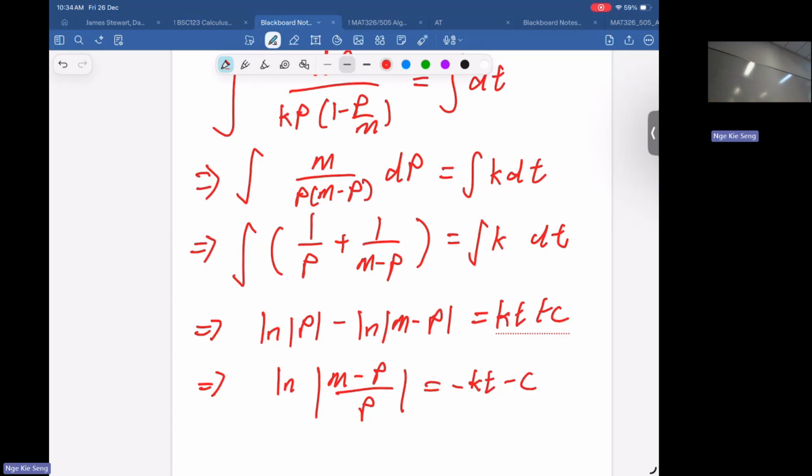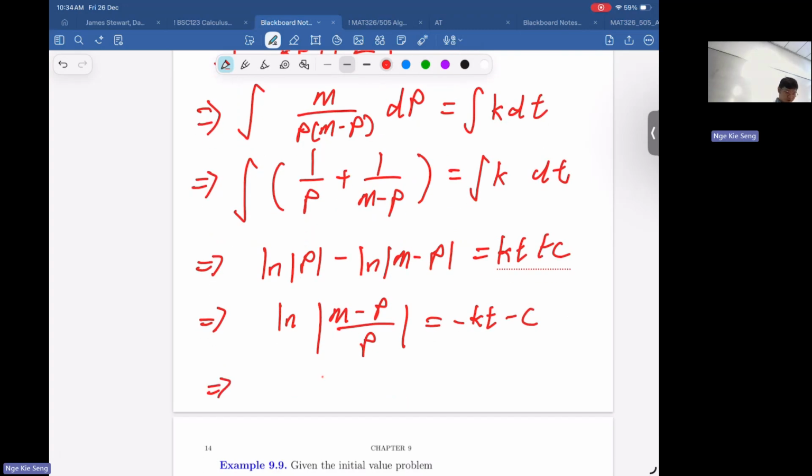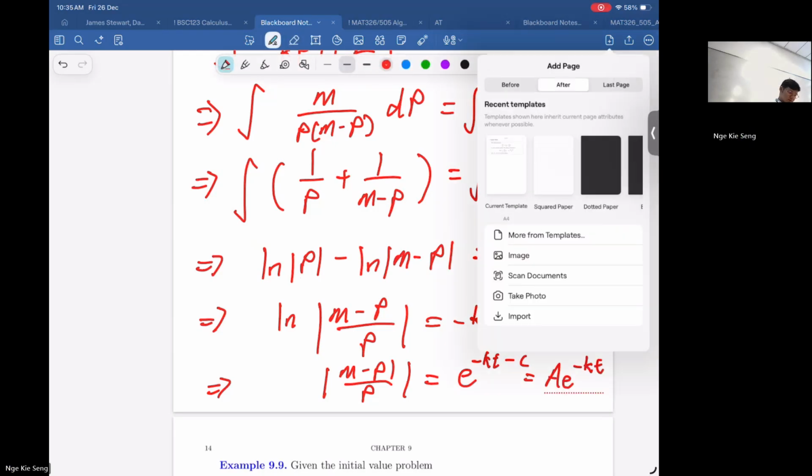Because it's negative, M minus P, but we swap it, so I put the negative sign across everywhere. Okay, so why are we doing this? So maybe we can go to the exponential now. Apply exponential such that we get e to the minus kt minus c, which is A times e to the minus kt, like that.